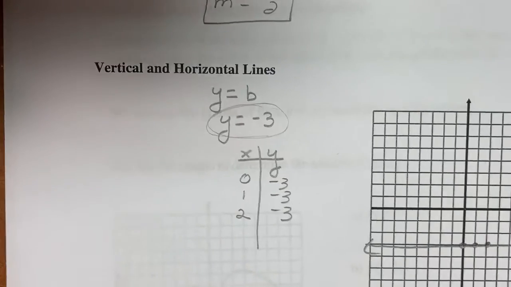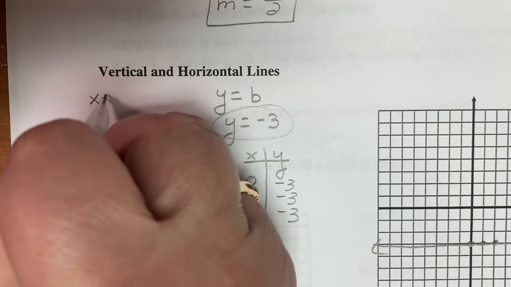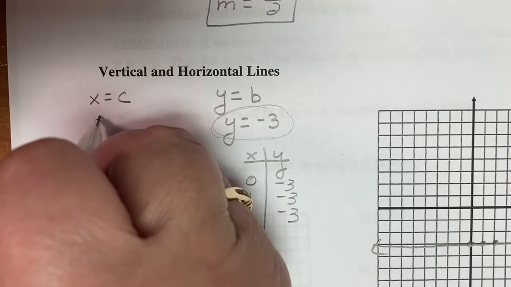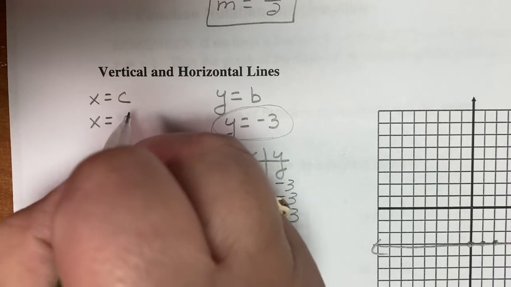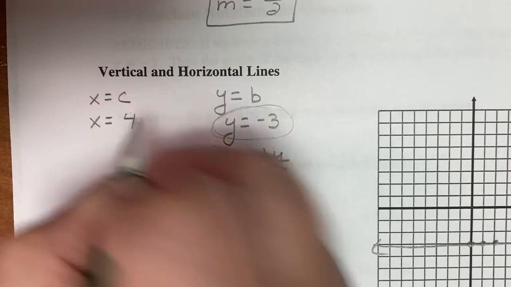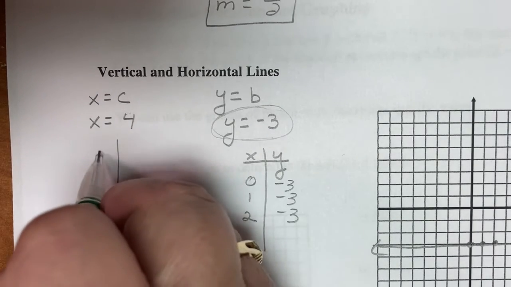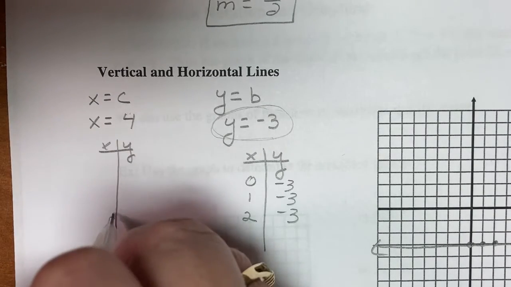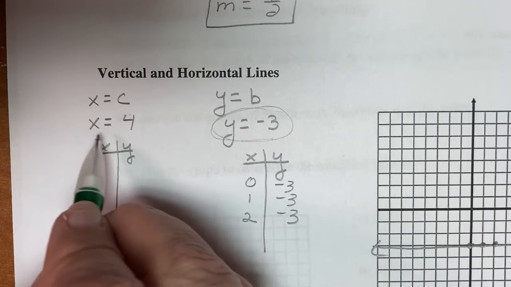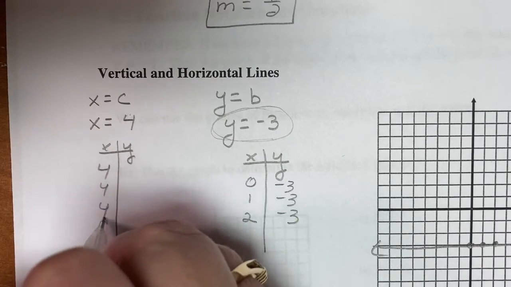A vertical line, which is not a function as we talked about, is a line of the form x equals c. So for example, x equals 4. If you've forgotten that that's a vertical line, you can do the same type of thing. This says that x equals 4. No matter what, x is always 4.